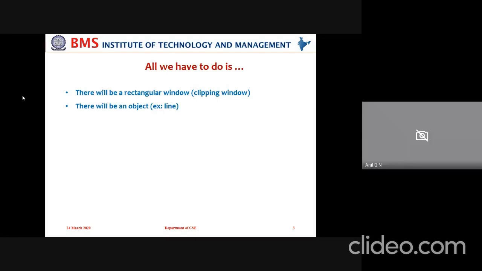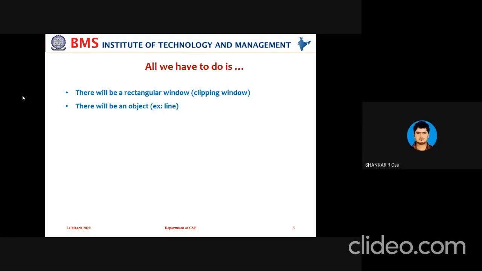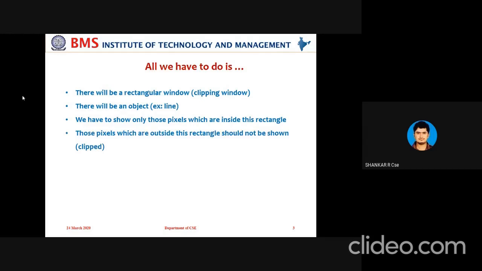There will be an object, for example a line, because Cohen Sutherland talks about line clipping. So we have a rectangular window, we have a line, and we have to show only those pixels which are inside this rectangle. Those pixels which are outside this rectangle should not be shown; it means they should be clipped off.